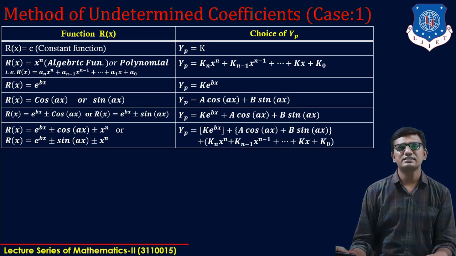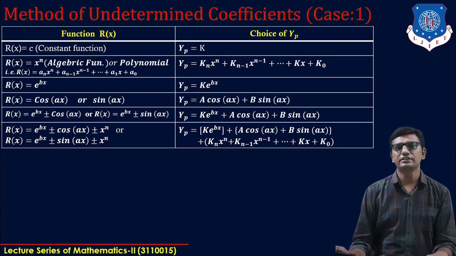If r(x) is any function cos ax or sin ax, then we always take the combination of both in yp, it is a cos ax plus b sin ax. If r(x) is a linear combination of e raised to bx and cos ax or e raised to bx and sin ax, then yp should be k e raised to bx plus a cos ax plus b sin ax.